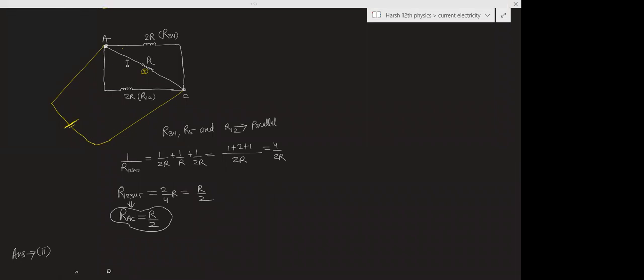Should I scroll down, Harsh? Sir, just answer. Okay. And make the diagram properly, otherwise you will get confused. Yes, sir. So can you scroll down?